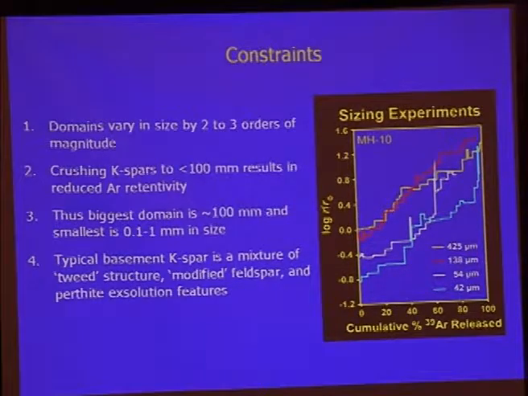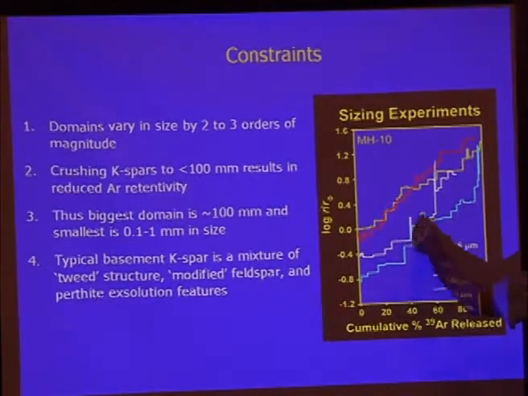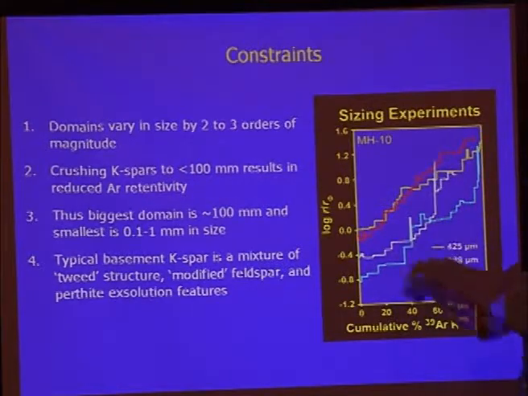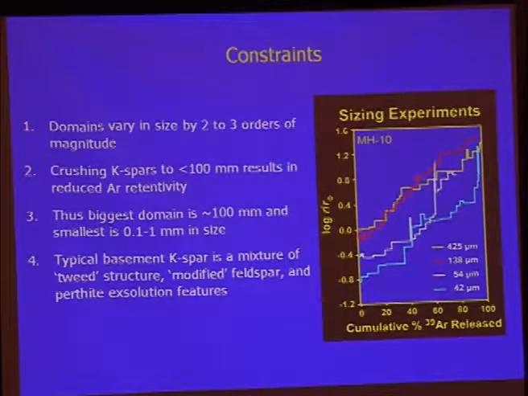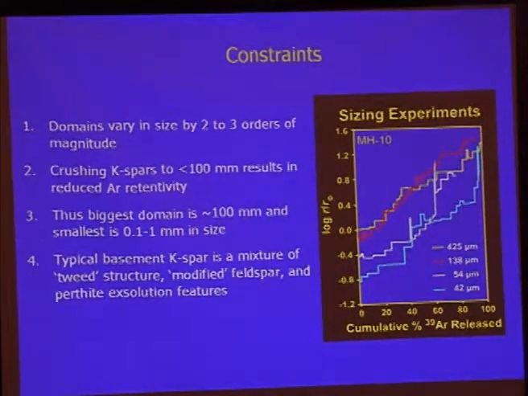We have not reduced the retentivity of argon in that sample. We reduce it down to 54 microns. We're getting the gas out of the sample much more easily. In fact, at 54 microns, I can completely degas a feldspar at 1100 degrees. I can't do that with a sample that's 0.5 millimeter scale. By the time you get down to 42, we've really substantially reduced the retentivity.